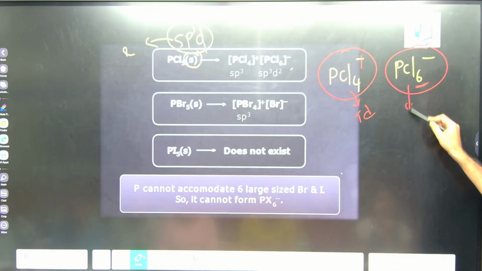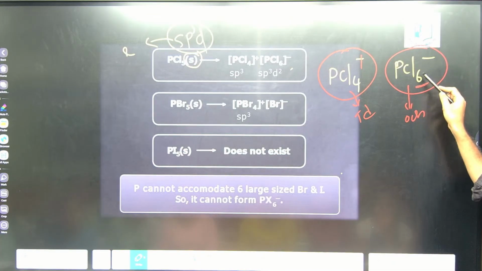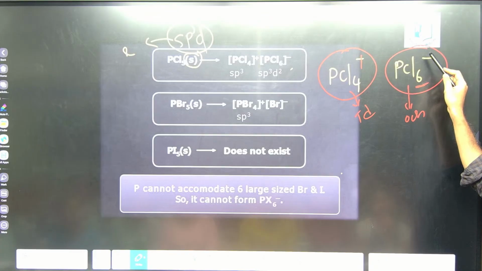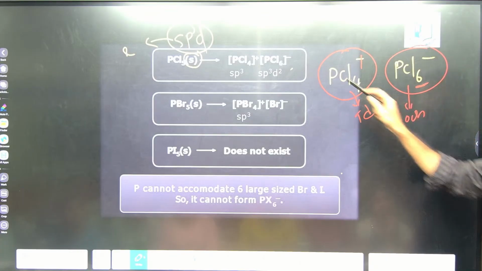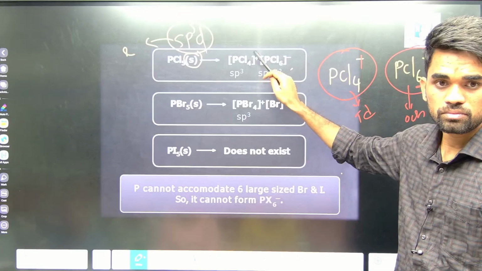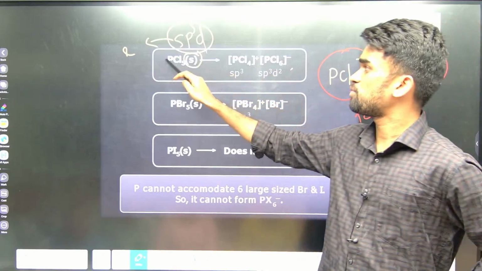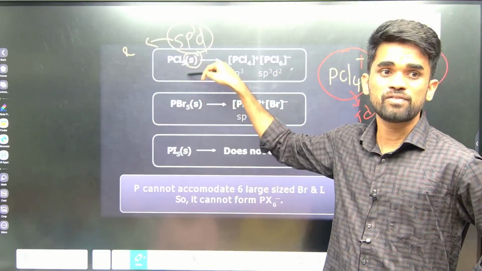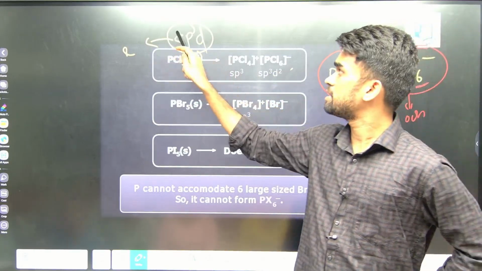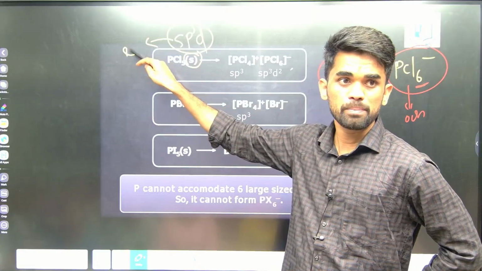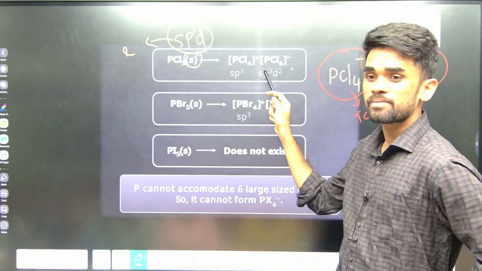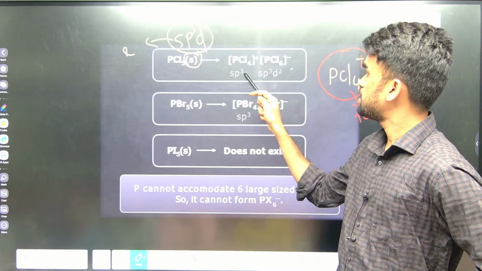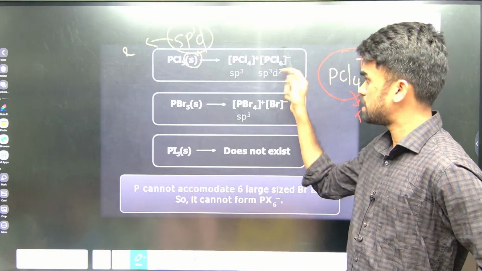So you get an octahedral geometry, 5 plus 6 plus 1, 12 by 2, 6. This is the story in solid form. In gaseous and liquid phase, PCl5 is always sp3d hybridization with trigonal bipyramidal geometry. Here sp3 and sp3d2. Just remember this.